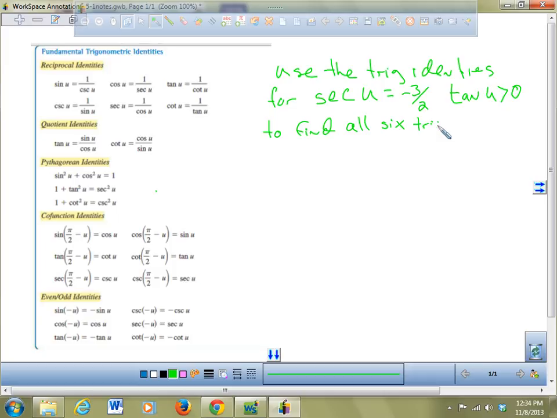Well, the remaining 5, right? Trig ratios, values, trig ratios, I guess is what they're looking for. Okay?